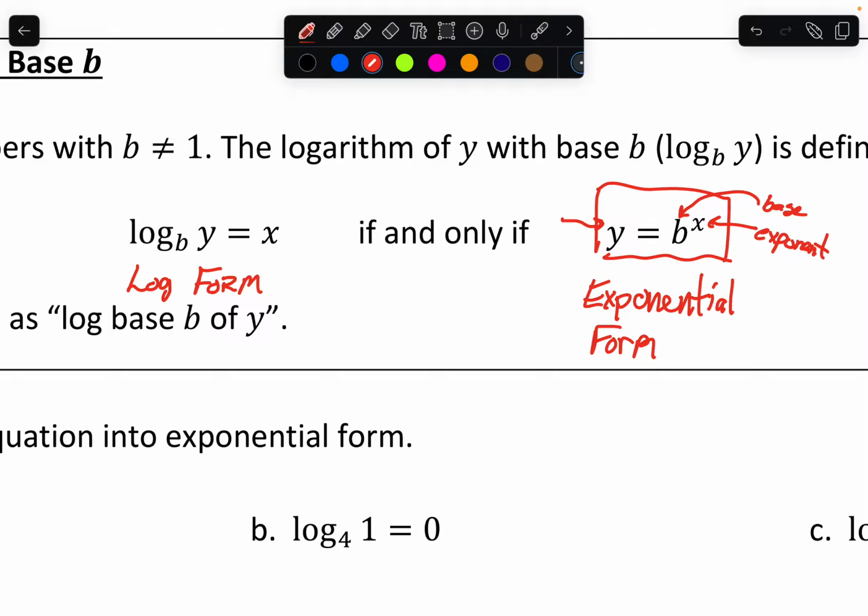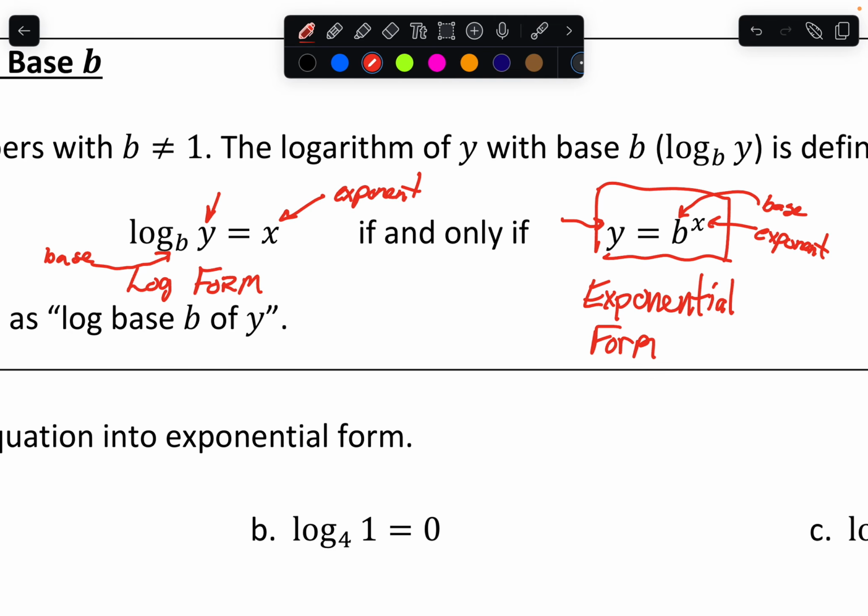Now look at where each of these things are in log form. You'll notice that the base is a little subscript. It's not being multiplied. We'll talk about what that little subscript means in a second. But this is the base, this is the exponent, and then this is the value that was originally by itself there, y.